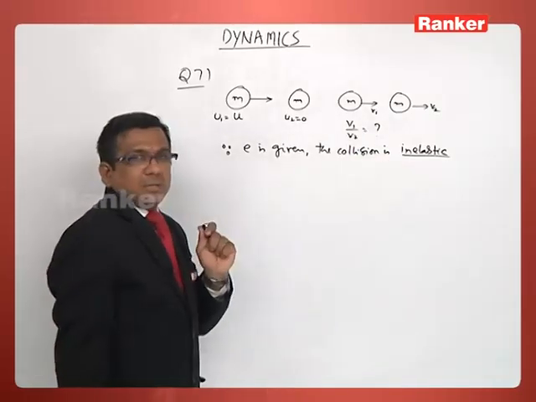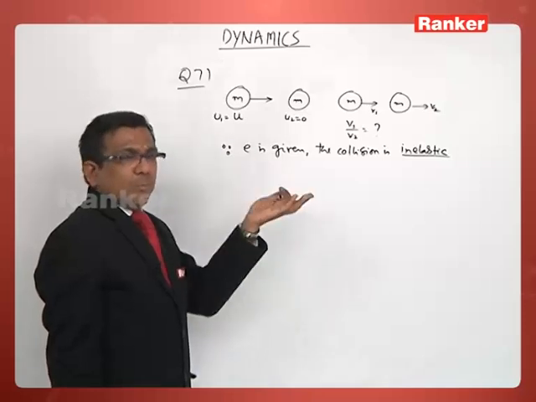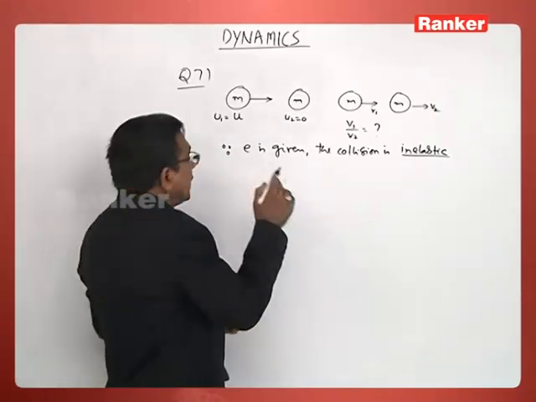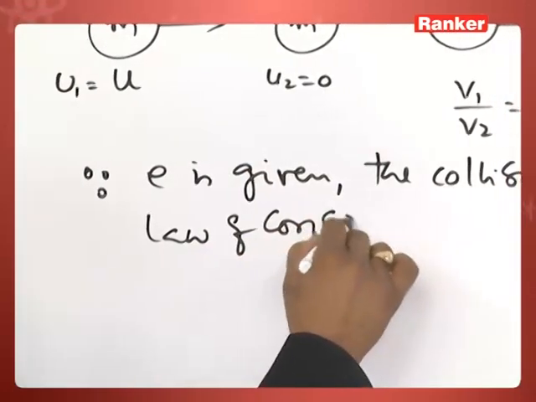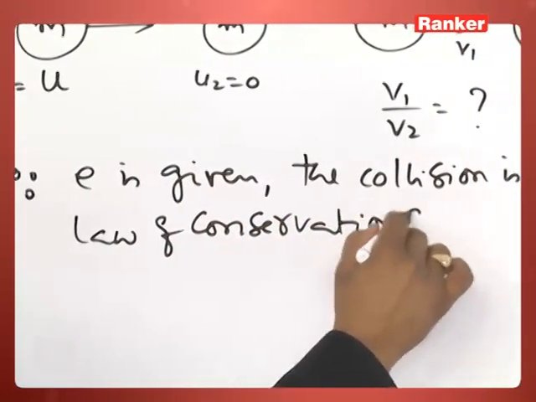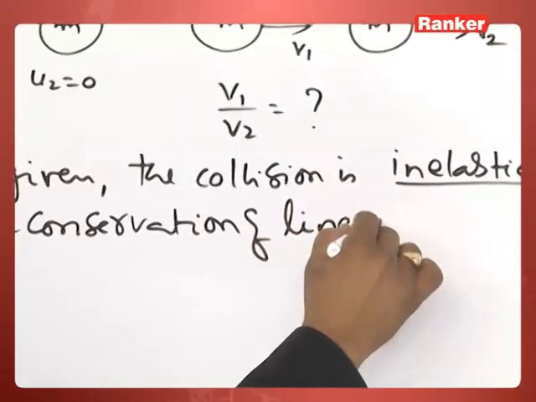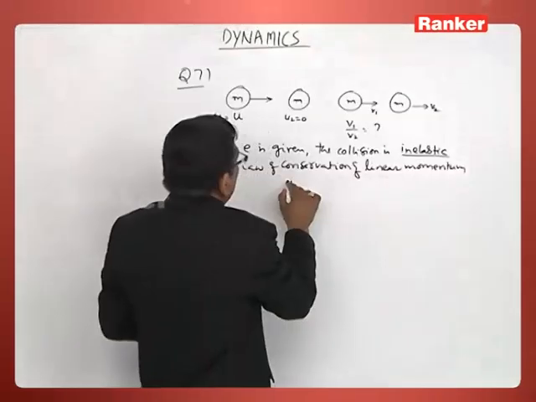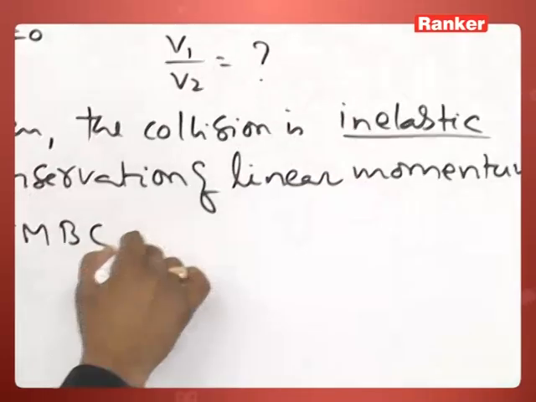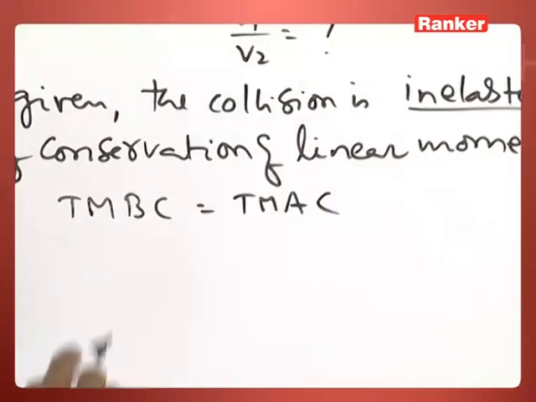Because it is inelastic, we know in any collision momentum is conserved surely. Therefore use the law of conservation of linear momentum. We know total momentum before collision is equal to total momentum after collision.